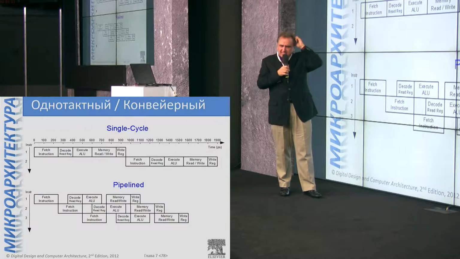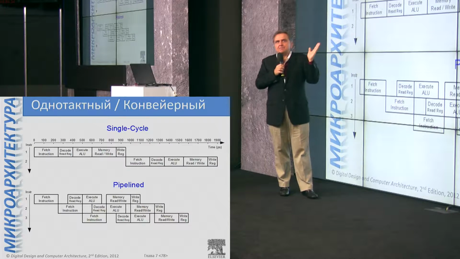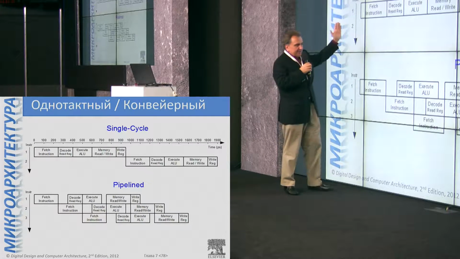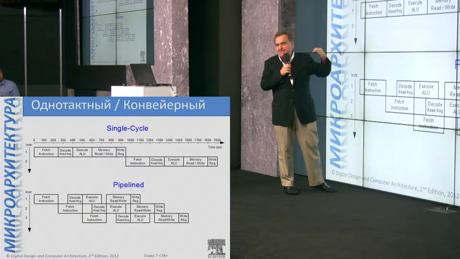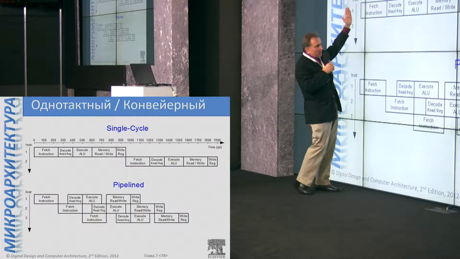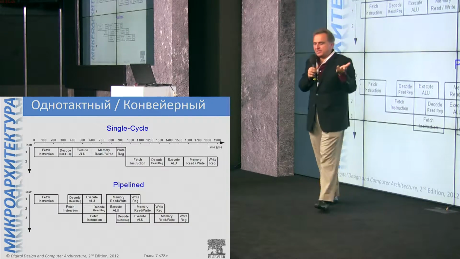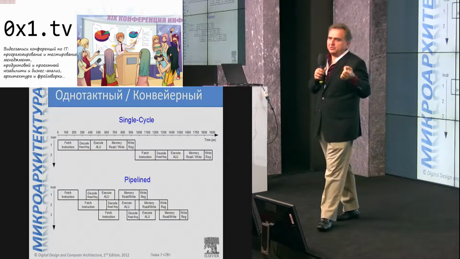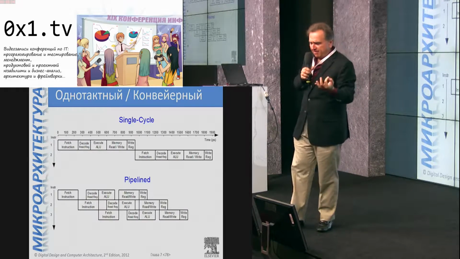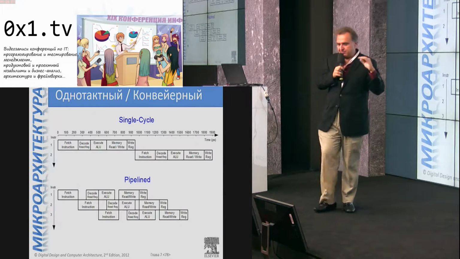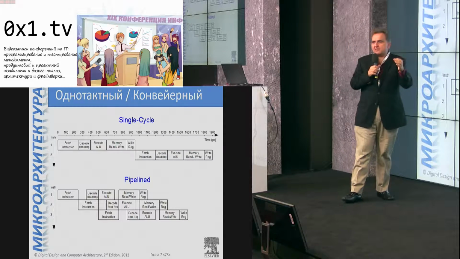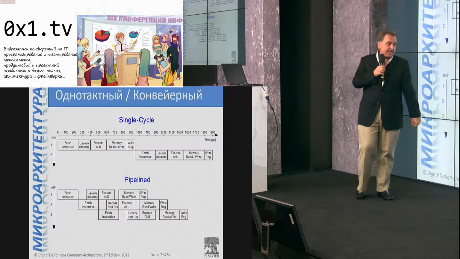In this description, you can, for instance, arrange that a command would be done within one cycle. But in this case, this cycle will be long. And in this case, the processor will work with very low frequency. And you will not be able to start the next round until you finish the previous one.